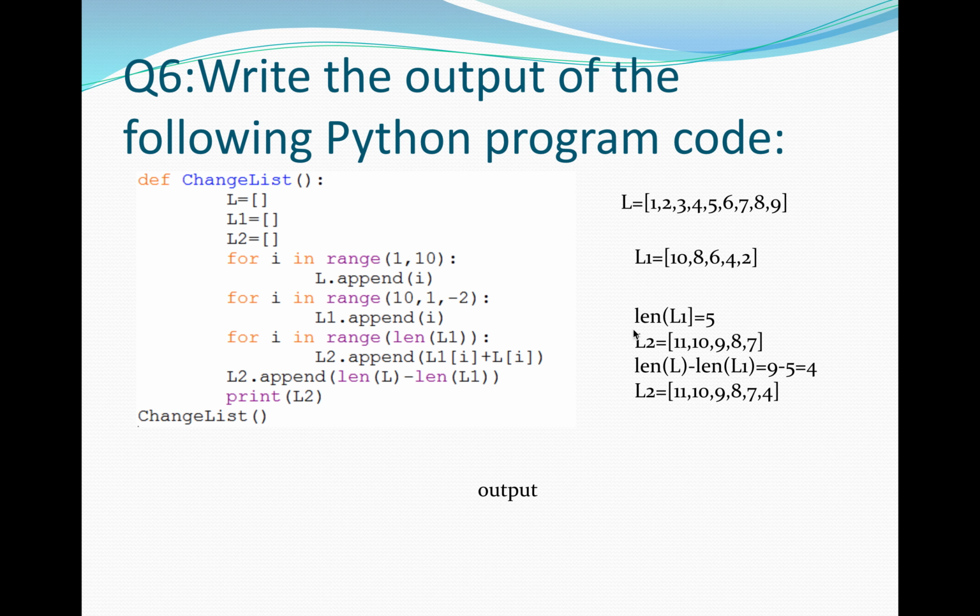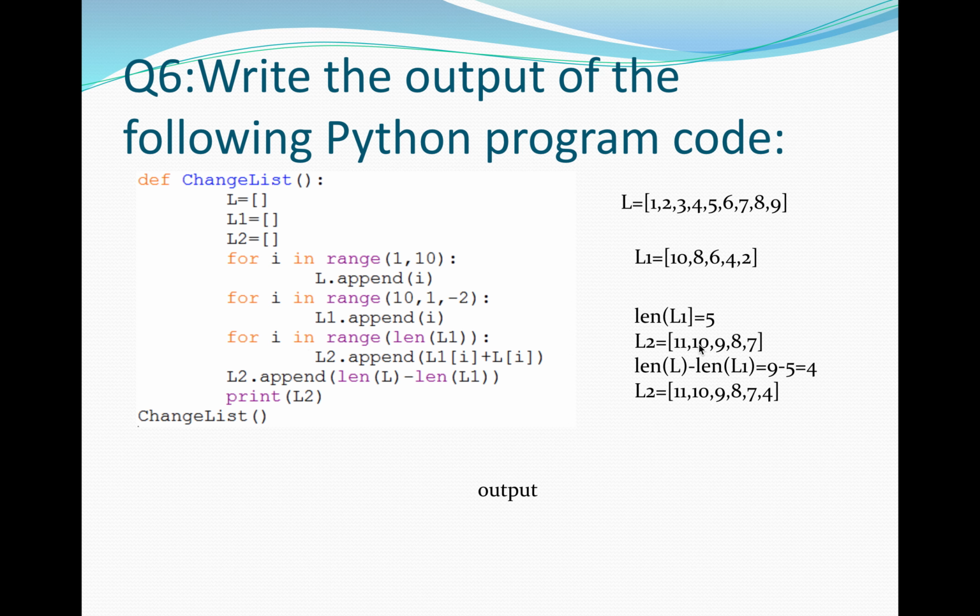So these are the values of L2. Then last, L2 dot append length of L1 minus length of L2. What is the length of L1? 5. Subtracting we will get 4. That is also appended to L2.